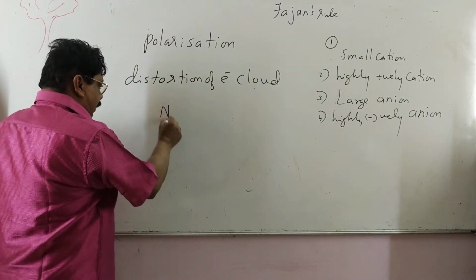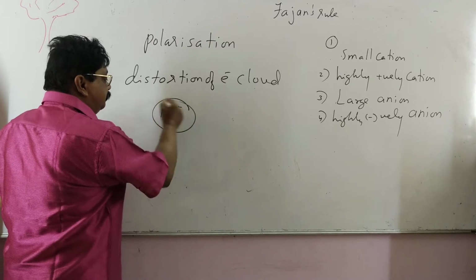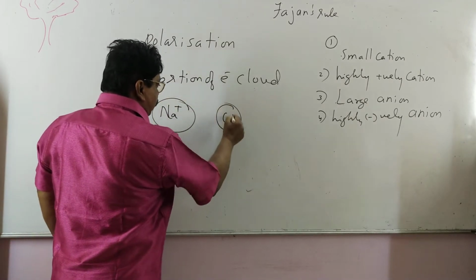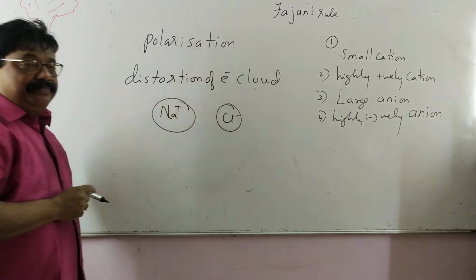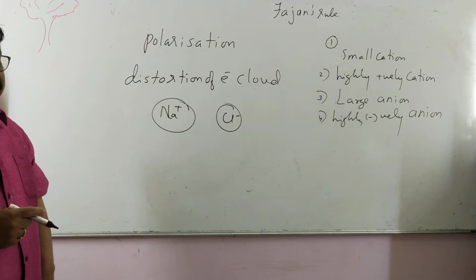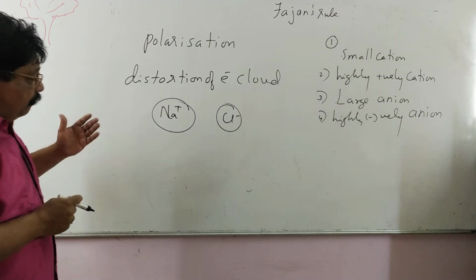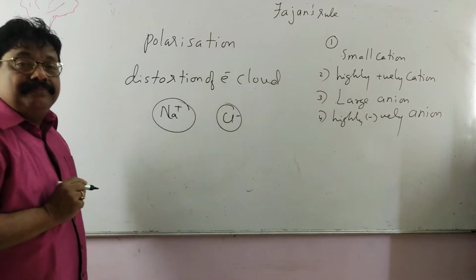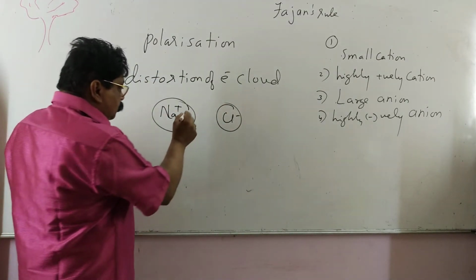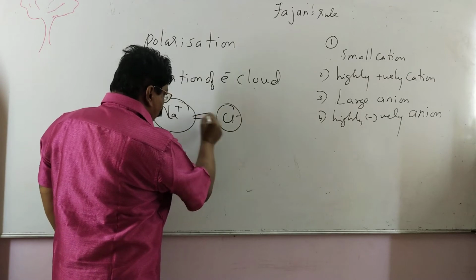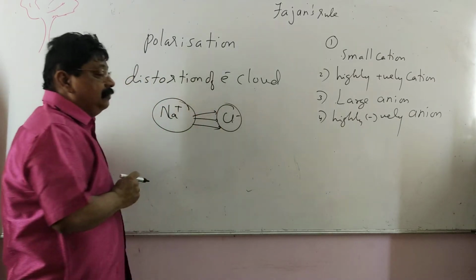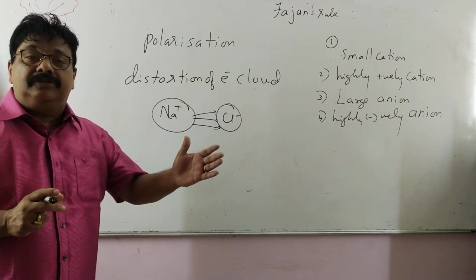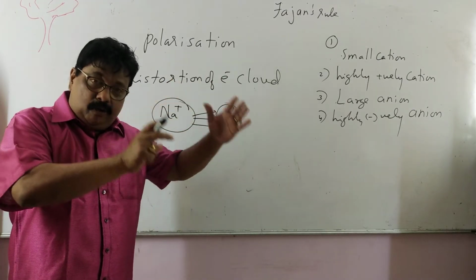If we are taking Na+ and Cl-, the transfer of electrons took place from Na to Cl. So the electron cloud will be moving more towards Cl-, so Cl becomes more negative.